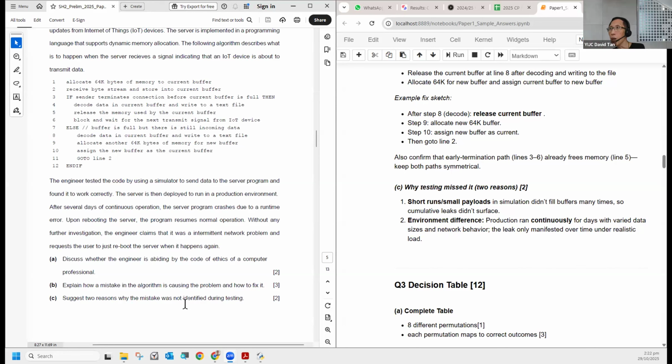But when you have this kind of runtime error, you need to run it over a period of time continuously with a lot of input and output, and then it will choke up the memory. So the reason is the limited number of tests done during the testing.